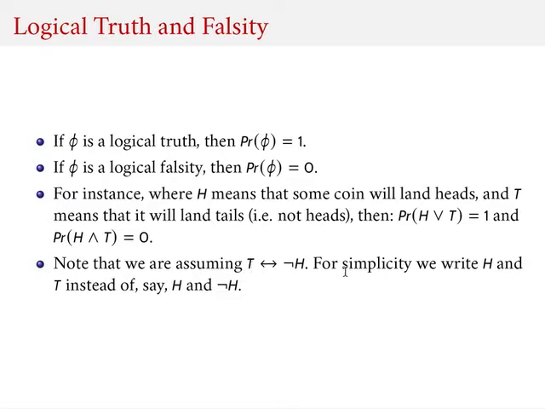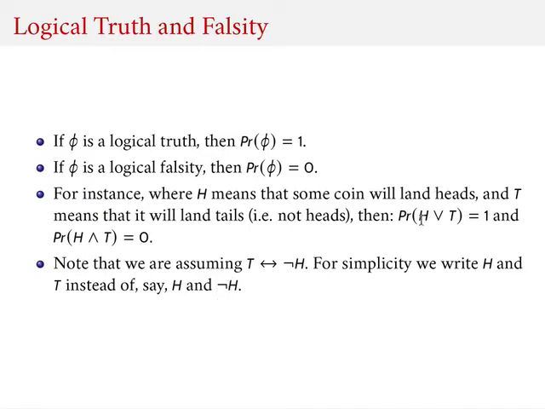Or a simpler way of putting this is that we're writing H and T instead of, say, H and not H. So instead of writing T to stand for the possibility that the coin lands tails, you could just write not H to represent that possibility.